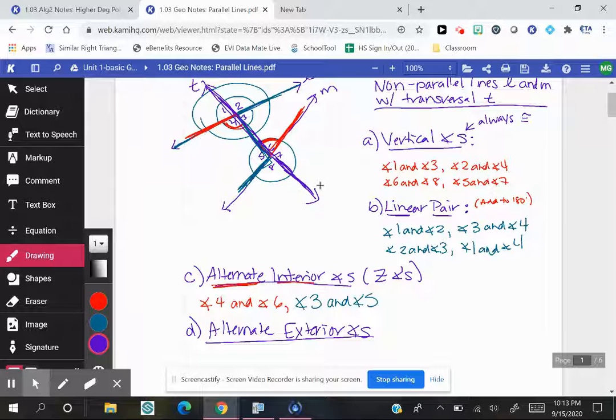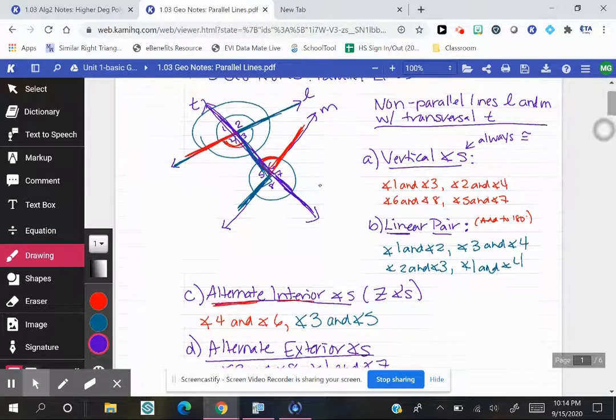So 2 and 8 are on opposite sides of the transversal, and they're both outside of the two lines. So angle 2 and angle 8. And then another pair, hopefully you're looking and finding another pair, would be angle 1 and angle 7.